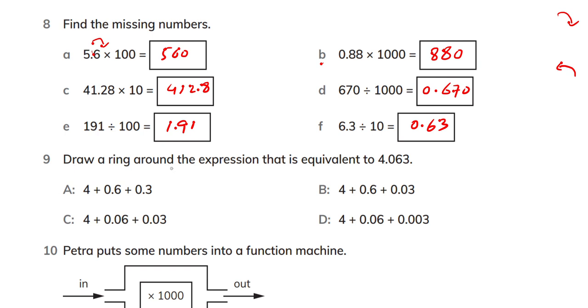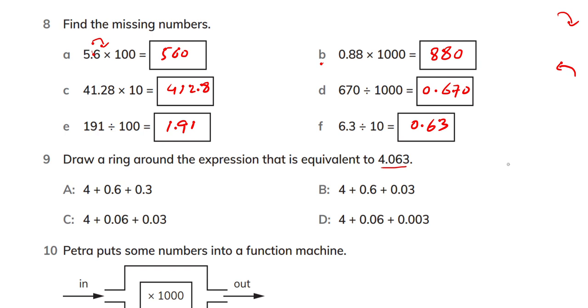Draw a ring around the expression that is equivalent to this one. Now, which expression will be equal to this one? Have a look at this, for example. This is 4 in the ones place, yes? I told you last time a very good way of doing that. Write the places' names. Just let me explain the first part, then you will easily be able to do the other parts.